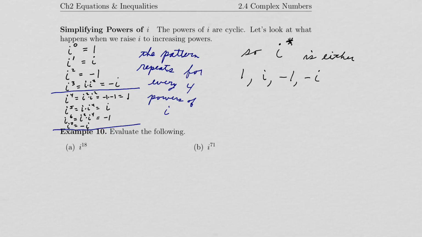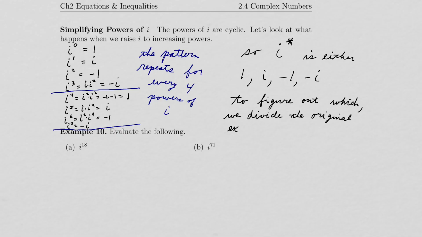So to figure out which value we're going to use, either the 1, i, -1, or -i, we divide the original exponent by 4 and just look at the remainder.